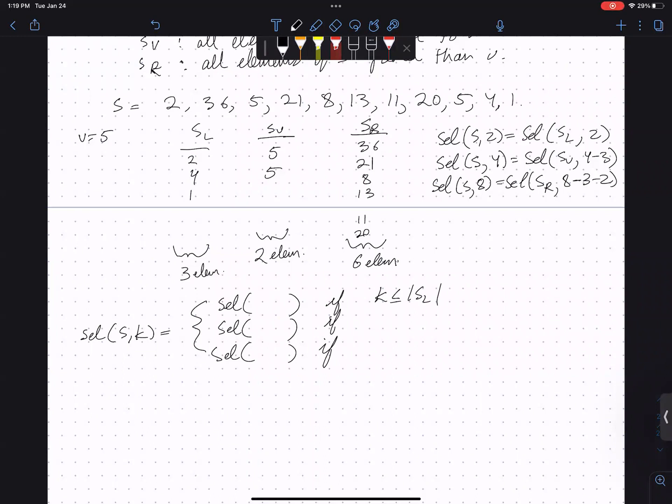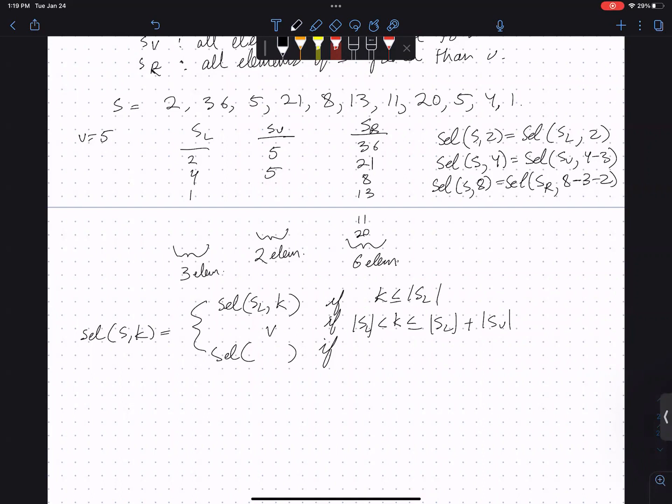In that case, you just go to the left guy and you pass k. If k is more than the size of the left guy and less than or equal to the size of the left plus the size of the middle, then it falls in that middle bucket. And in that middle bucket, we don't even have to make a recursive call because everything in that middle bucket is V, our pivot element. So we know what it is. It's always V.